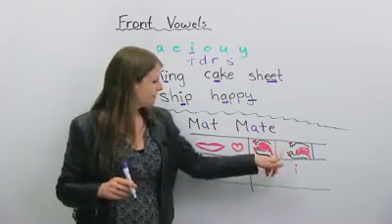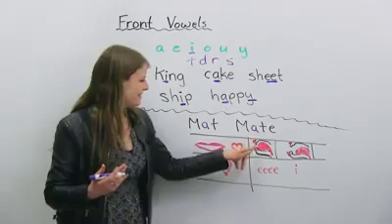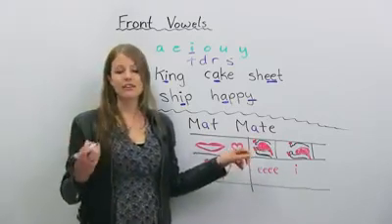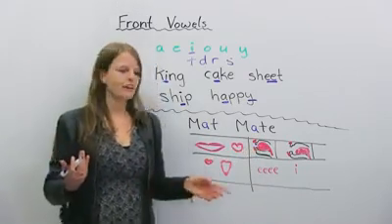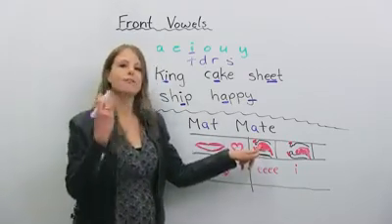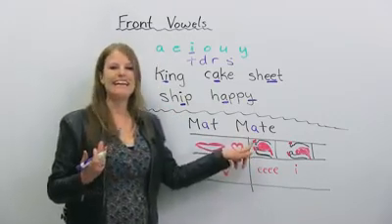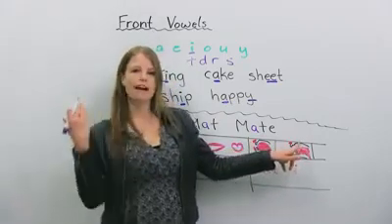Okay, I don't know if you can tell what this is. These are your lips, your teeth, and your tongue. You need to know what your tongue is doing in order to pronounce vowels correctly. So is your tongue at the very front of your mouth, close to your teeth? Like, for example, in an E sound? Or is your tongue far away from your teeth?